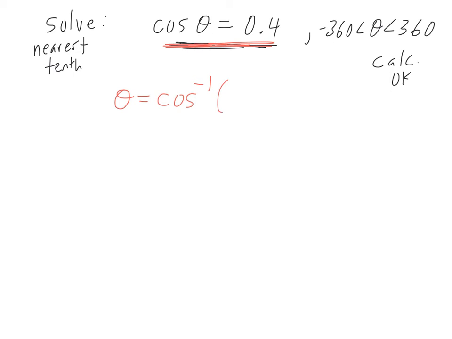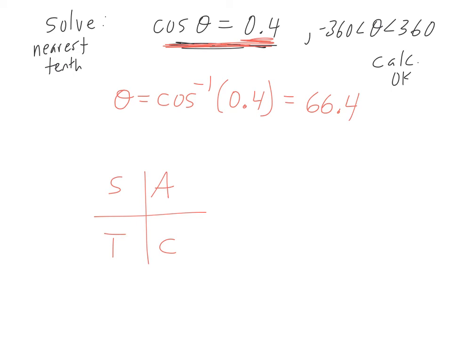So if we do inverse cosine of 0.4 in our calculator, you would get 66.4. Because we're talking about cosine being positive, we have to remember ASTC. So this 66.4 is really our first quadrant angle.